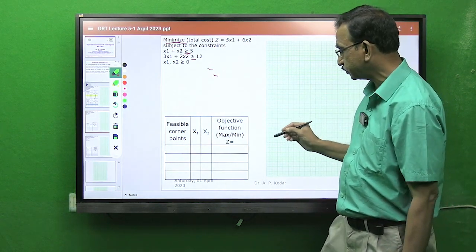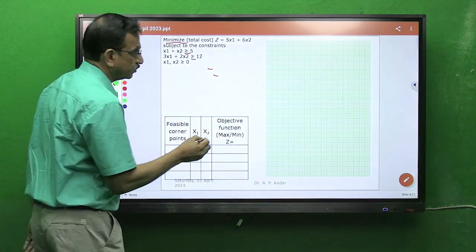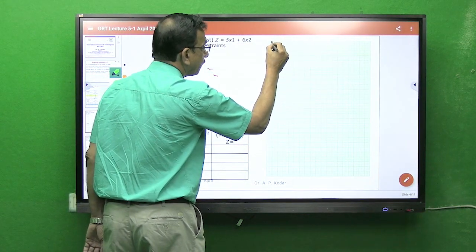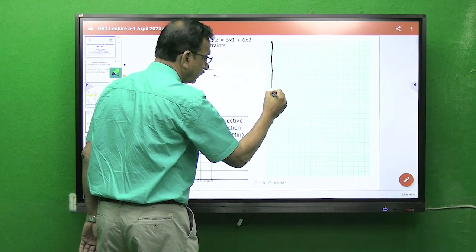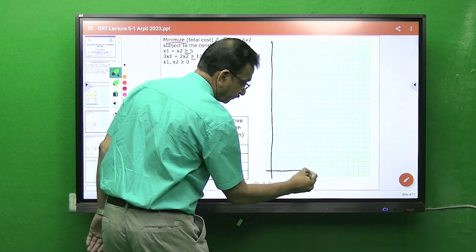Now we will do the same task which we did in the last lecture. Here these are our x1 and x2 axes.